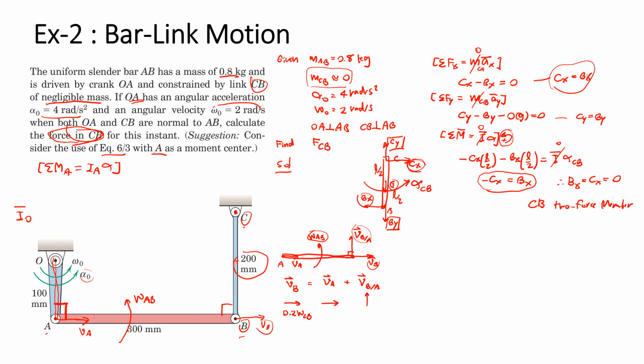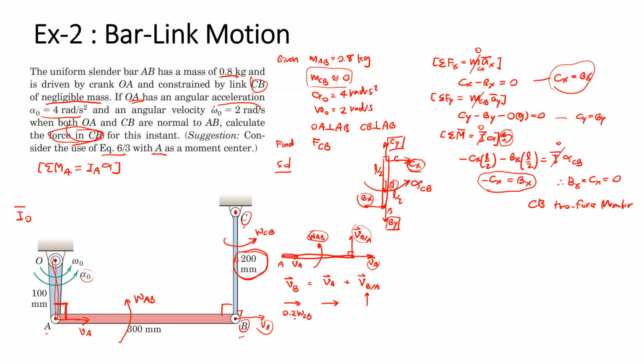We don't know the omega of CB, but if we know the omega of CB multiplied by the radius, we can relate it to the velocity of point B in the horizontal direction with the magnitude of 0.2 multiplied by the omega. And how about the velocity of point A?